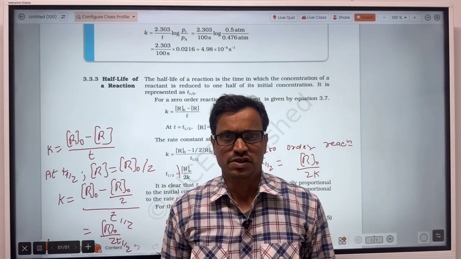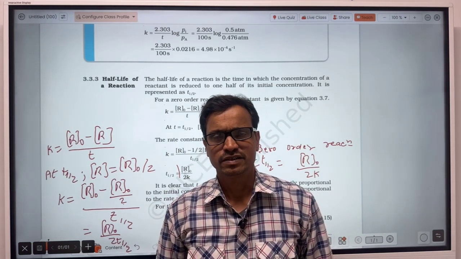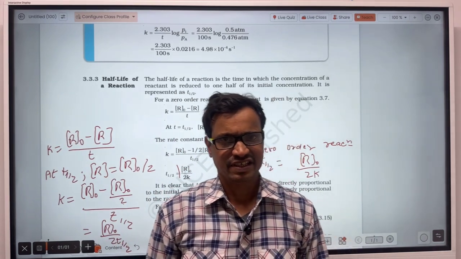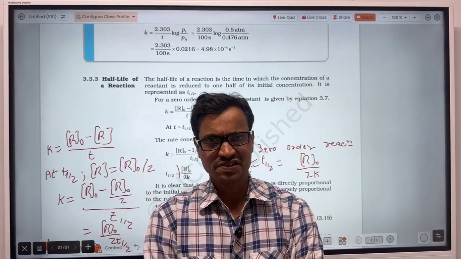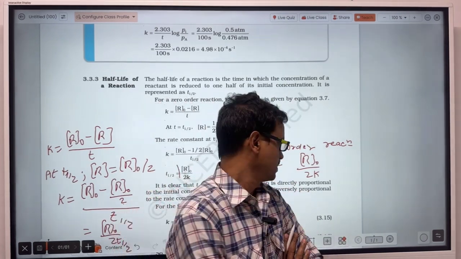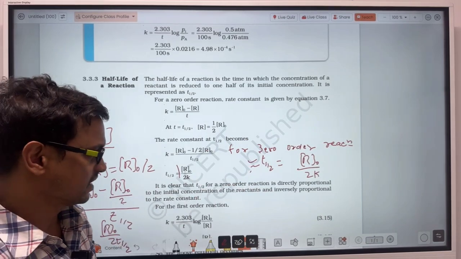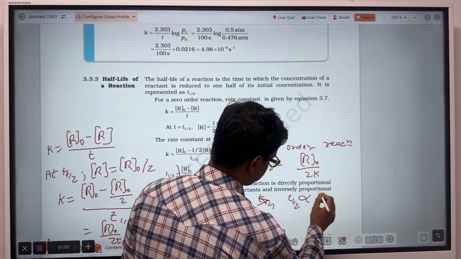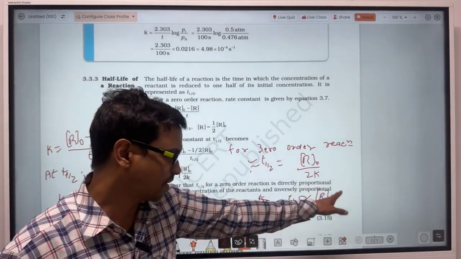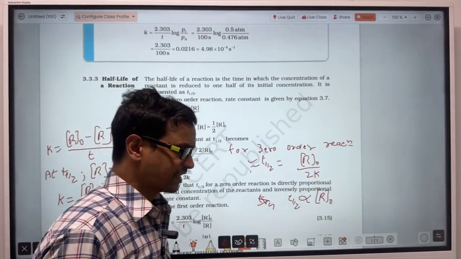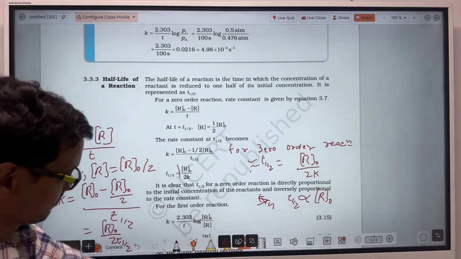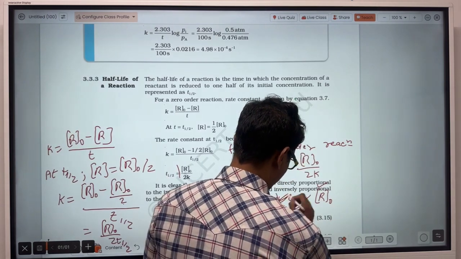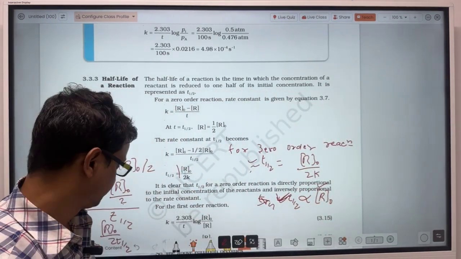That means if you take a greater amount of reactant, it will take more time for half of the reactant to be consumed. If the concentration of reactant is more, it will take more time to consume.